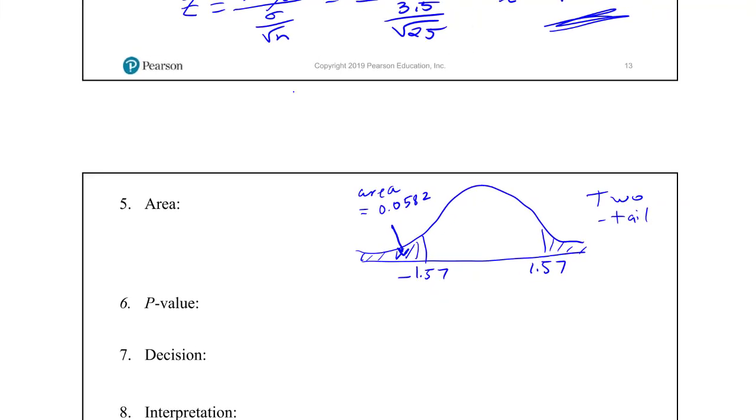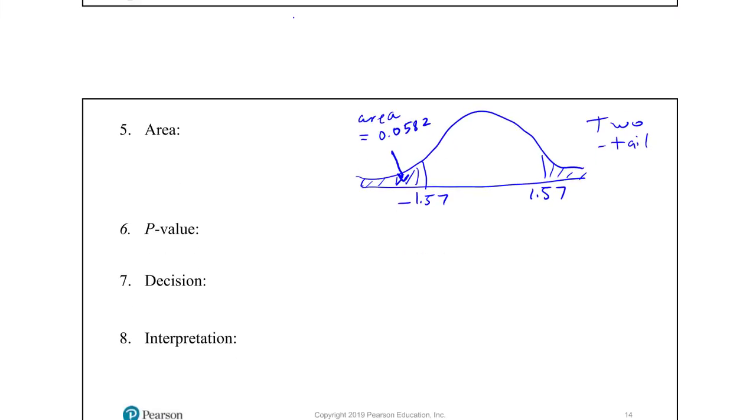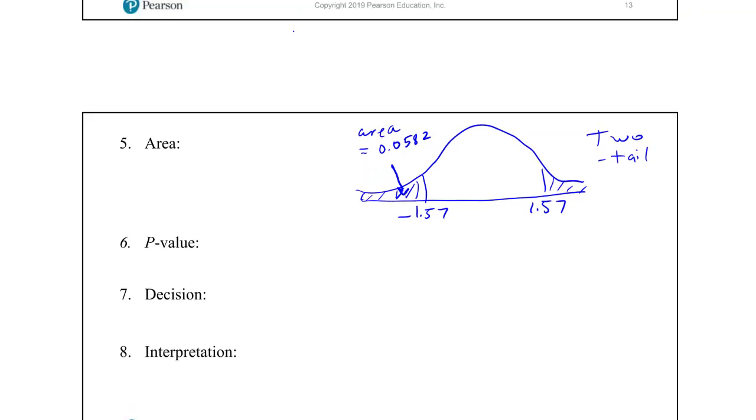All right, so that's the area there, but remember the total area is going to have to be twice that, so twice 0.0582 or 0.1164. That total area is what our p is.